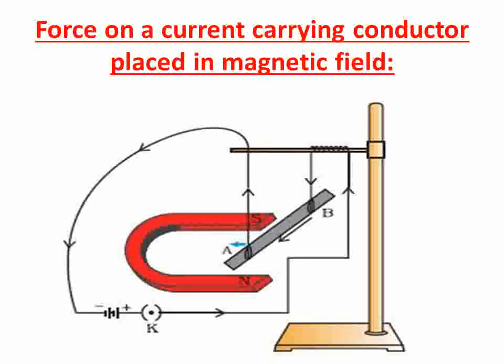Force on a current carrying conductor placed in a magnetic field. Here is a U-shaped or horseshoe shaped magnet having north and south poles. Magnetic field is produced from the north pole, and lines of magnetic field starting from the north pole terminate at the south pole.